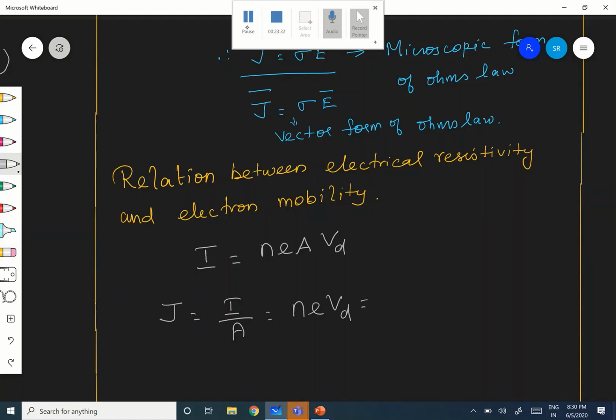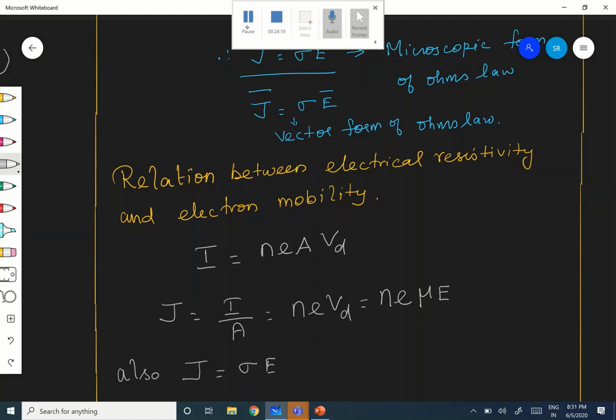Therefore, instead of V_d, N E into mu into E, mobility mu into E. Are you following? Therefore J is equal to N E mu E. Also J, we already derived, is nothing but sigma E.